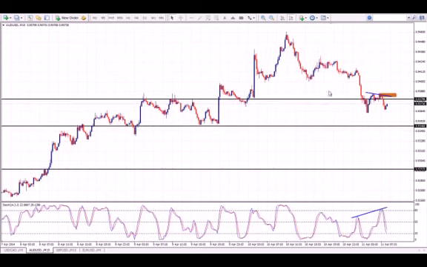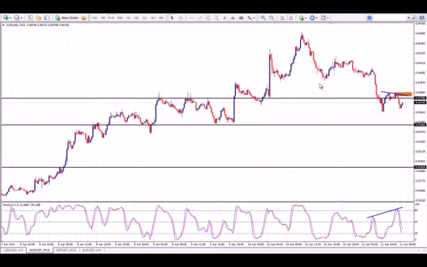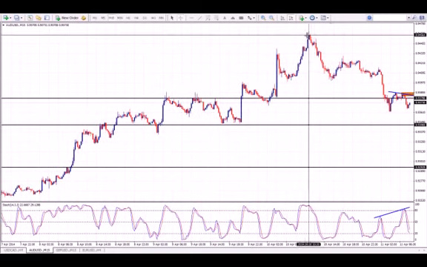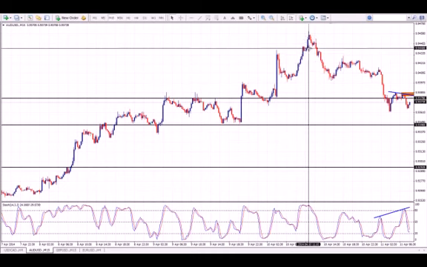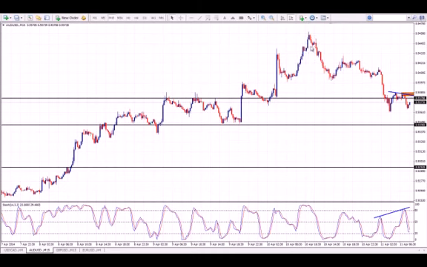Okay, and let's continue. For instance, here we have a clear overbought signal that gave us an entry when we took out this low. Remember that we are in a steep uptrend.